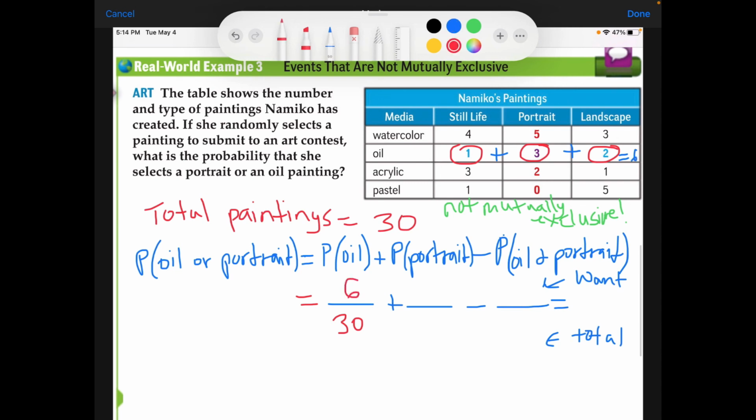Okay, now let's do the portrait. What is the probability of getting a portrait? Well, the portraits would be all of these right here. We have to add them together, right? And that's going to be what? 10. And once again, we put the total paintings at the bottom. But now we have to see what is intersecting. What of everything is intersecting?